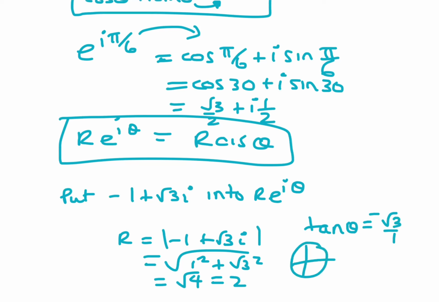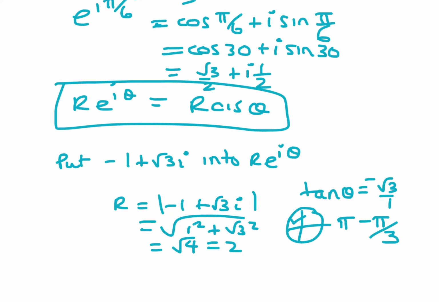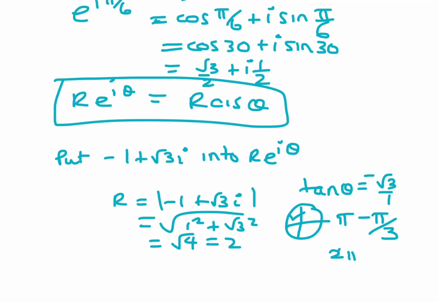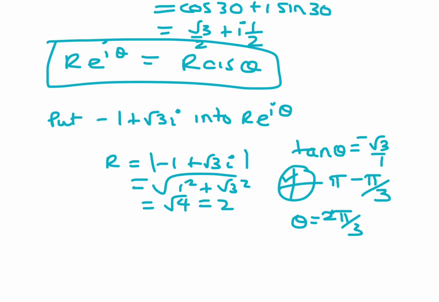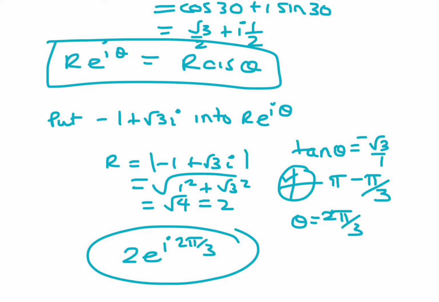It'll be in that quadrant there, so it's pi minus pi on 3, because when tan equals root 3, it's 60. So that means theta is 2 pi on 3. So that means that we can have it as 2e to the i 2 pi on 3.